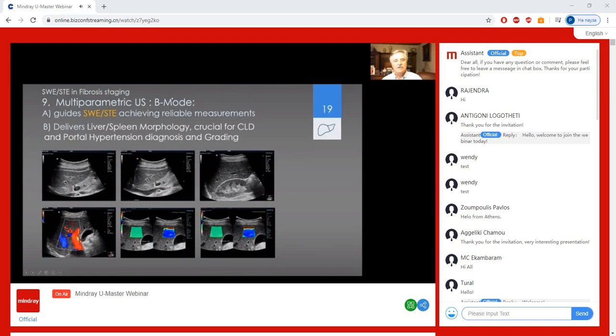B-mode is such a parameter in two ways, because B-mode image is guiding shear wave elastography measurements to place the region of interest in the right place, but also B-mode image can deliver liver and spleen morphology. Those morphologies are crucial for chronic liver disease and portal hypertension grading.